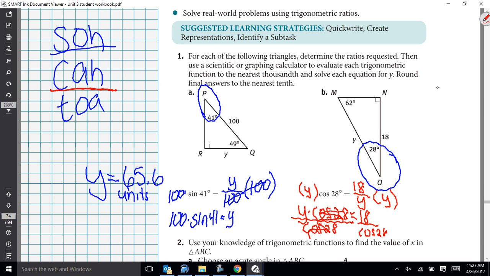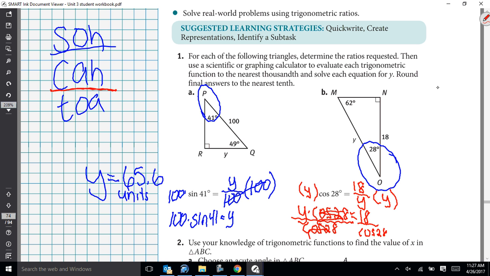So into our calculators, 18 divided by cosine of 28. What do we get? What's 18 divided by cosine of 28? 20.3. Flip it the other way. So 18, and then divided by parentheses.